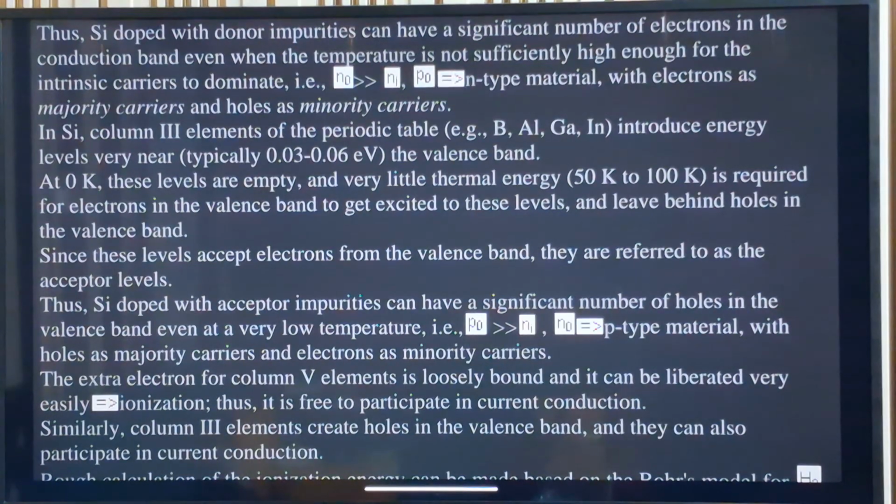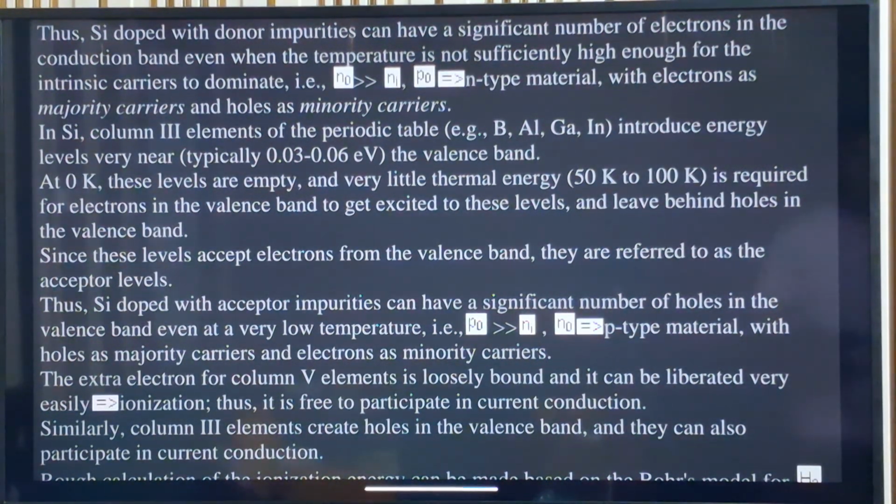So the difference between an intrinsic and extrinsic material will only occur at very little thermal excitation from 0 Kelvin. And we get a lot of extra charge carriers in the conduction band, and charge carriers in the conduction band are of course electrons.